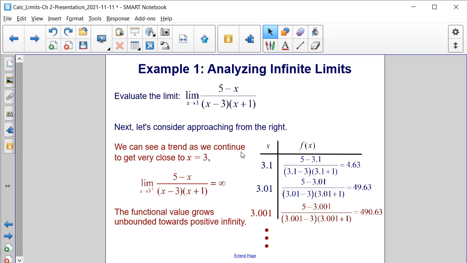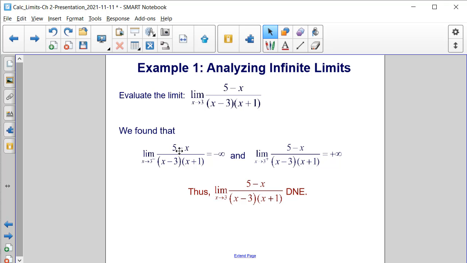We can see a trend occurring here as we continue to get closer and closer to x equals 3. If we do 3 and 1/1000th, we get as the y value 490 and 63/100. So the function value grows unbounded towards positive infinity when approaching 3 from the right.